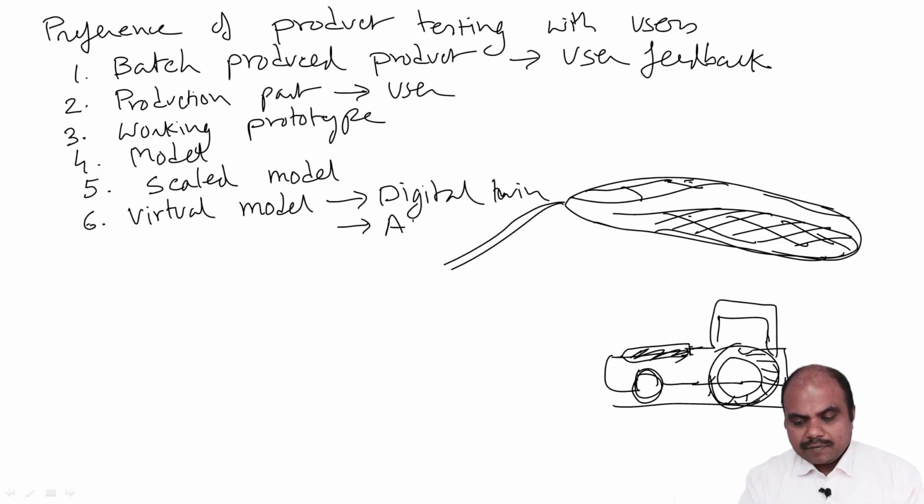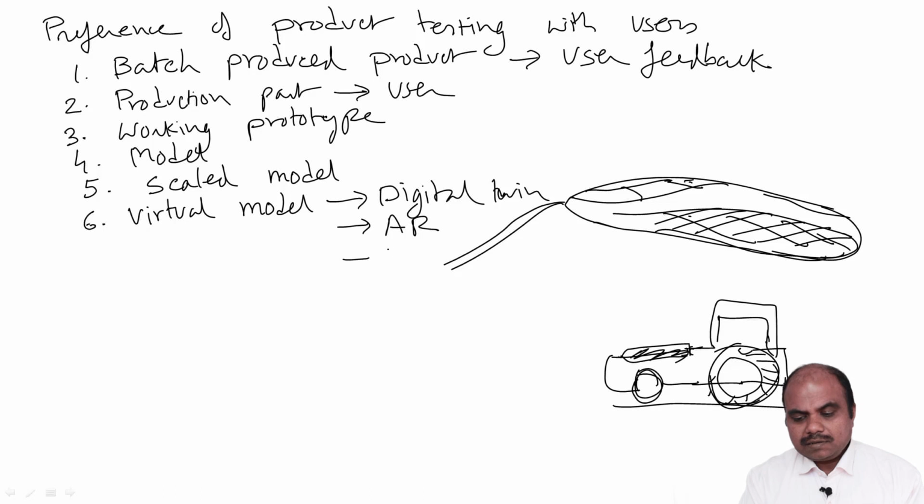The other option is AR, augmented reality. In augmented reality we will have maybe a little bit of the model physically and part of the model in the computer. When they are using a VR set, the users can actually interact with the product, and they can have some kind of virtual feeling of the product.